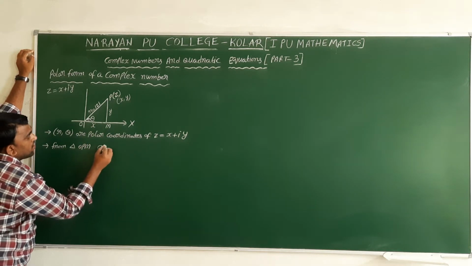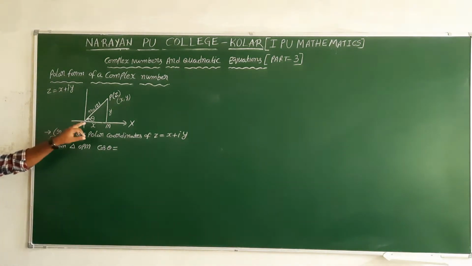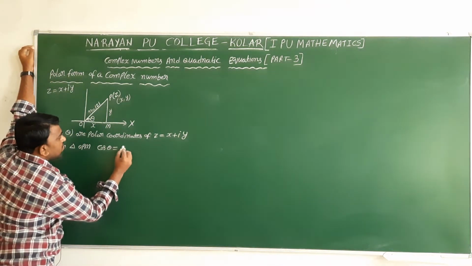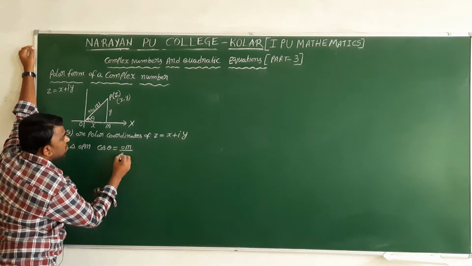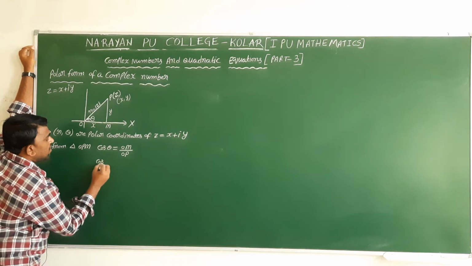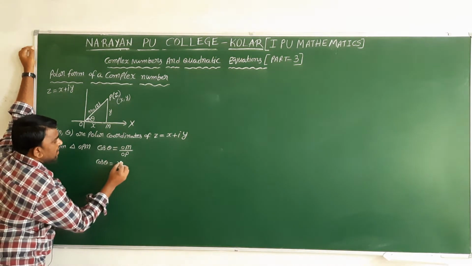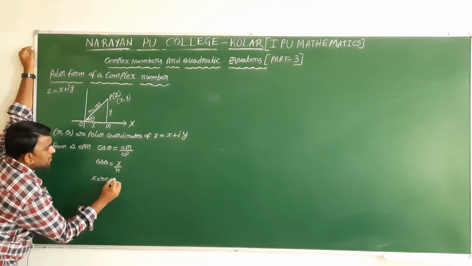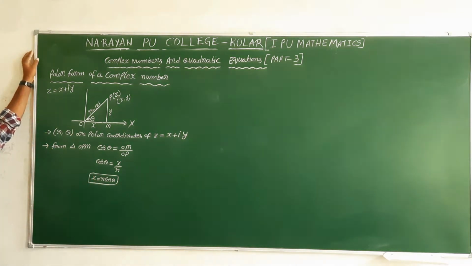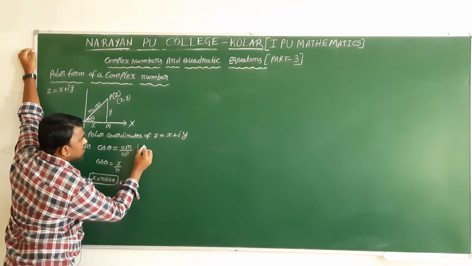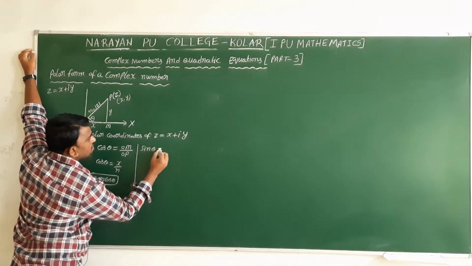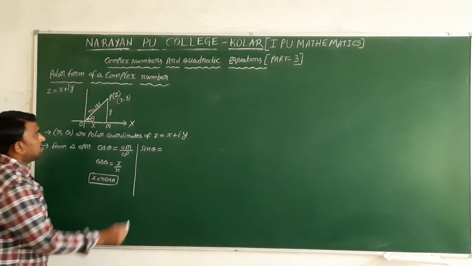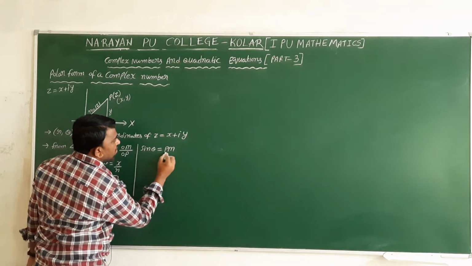cos theta you can write. Cos theta is adjacent side divided by hypotenuse. Adjacent side is OM, hypotenuse is OP. Cos theta equals OM, which is x, divided by OP, which is r. From this, x equals r cos theta. In the same triangle, sin theta is opposite side divided by hypotenuse, PM divided by OP.